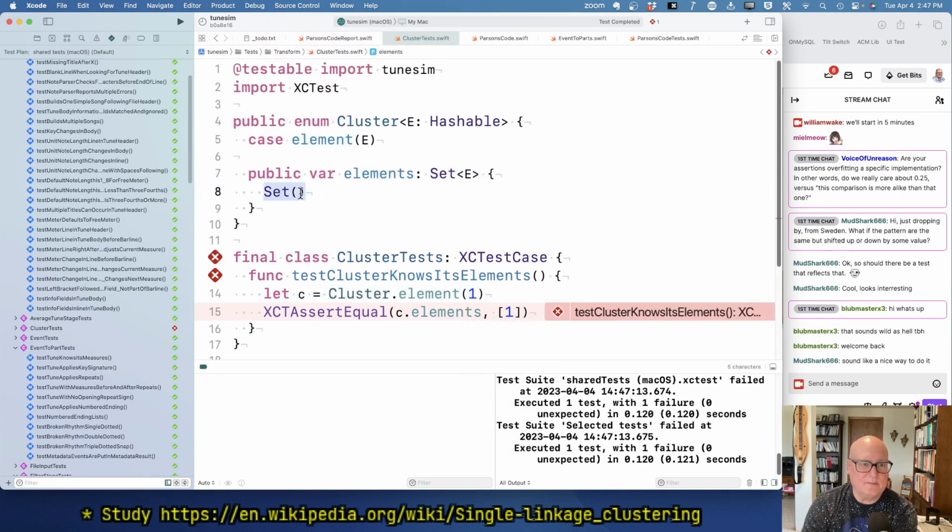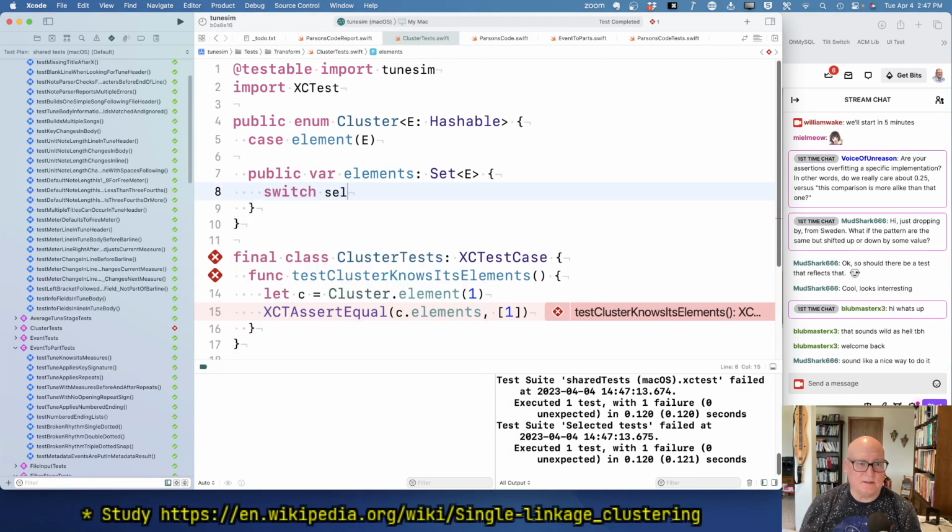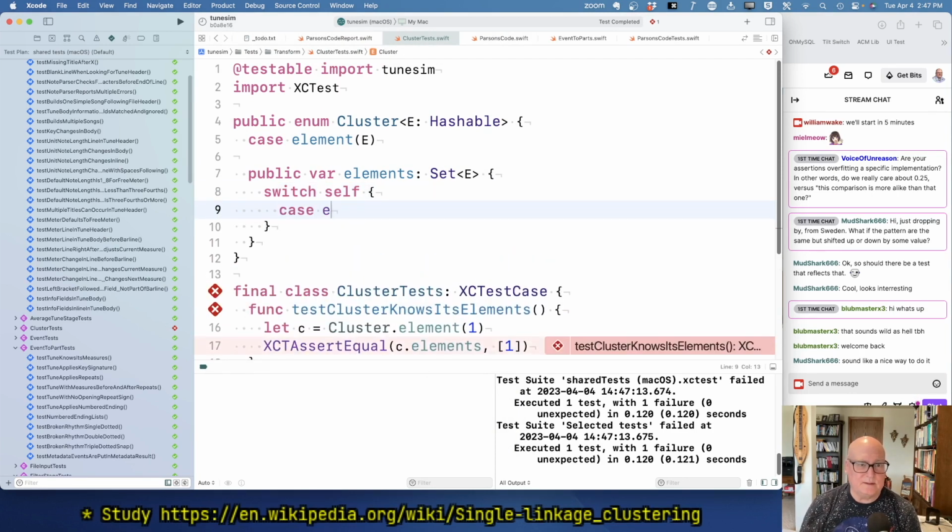Well, I'm going to go ahead and put a switch self and do case element of let element. Is this the best way to do it? I don't know if I can use the word element here.